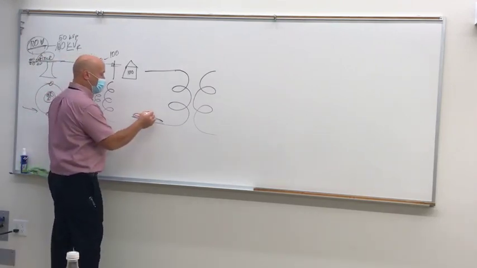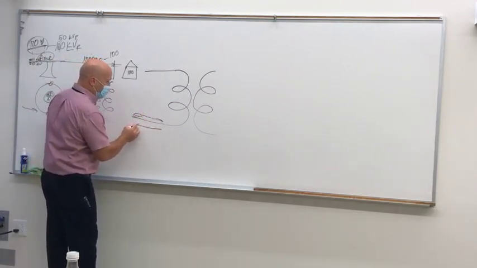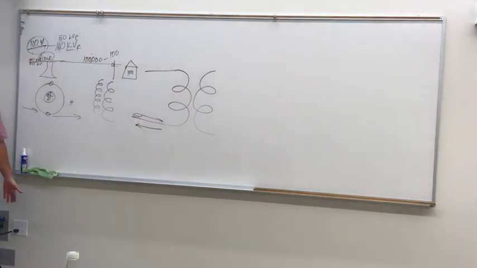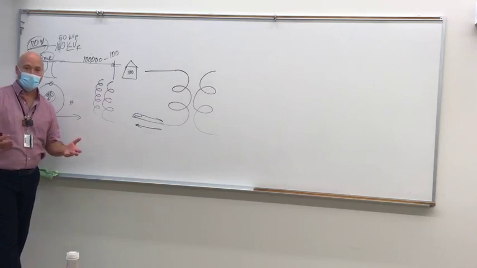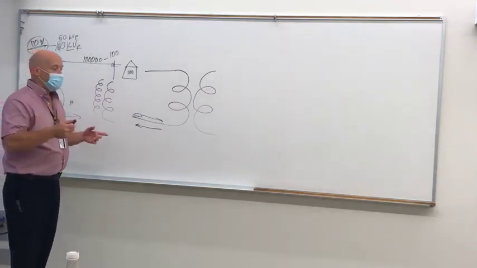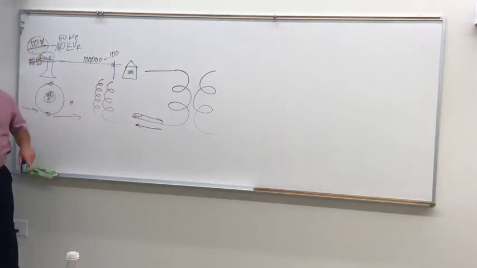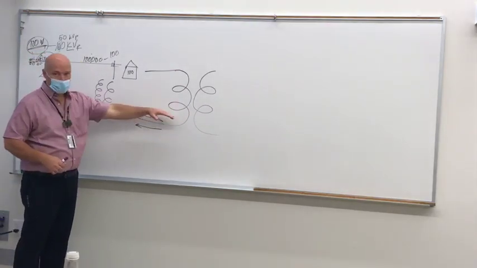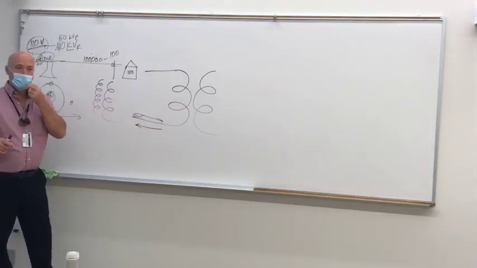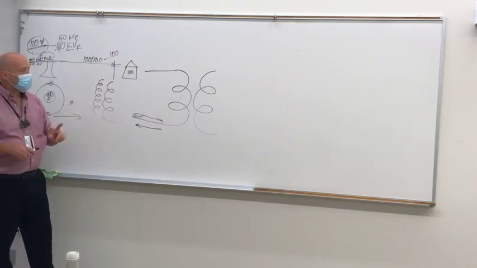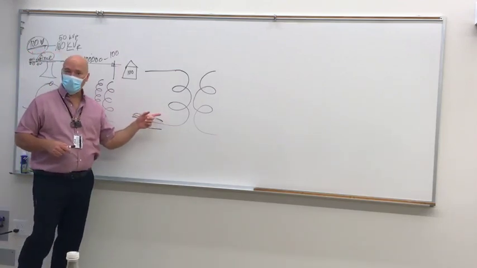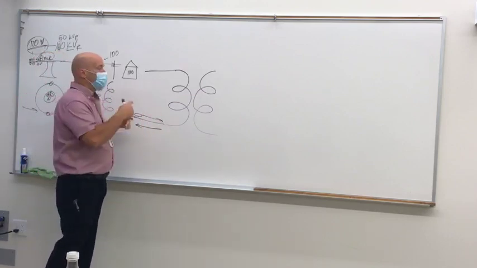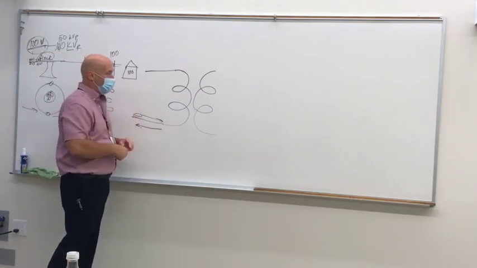Law number two says that if we use alternating current, which is what you get in your house, you don't get direct current. You get direct current in a battery, but you get alternating current through the wall. So electricity goes in, comes out, goes in, comes out. That's very important because it creates a magnetic field that changes constantly, flipping back and forth.